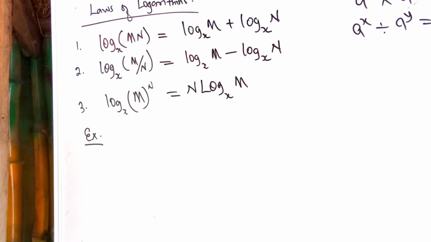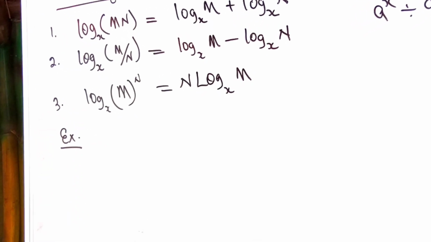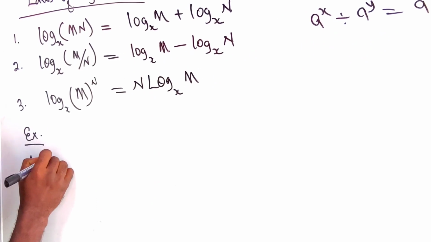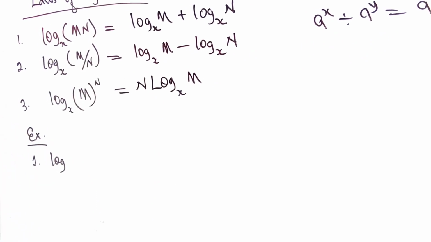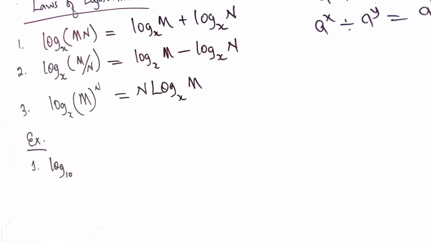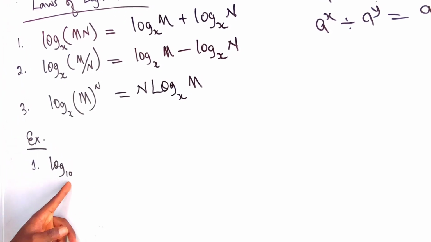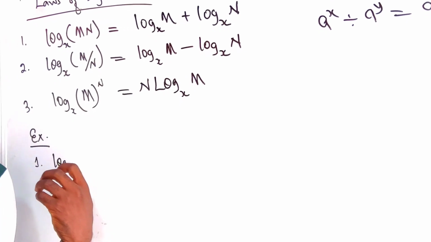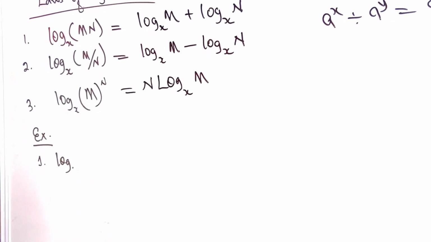So if you have log base 10, remember, I told you even if the base is not written, it's still the same thing as log base 10. So I can decide to write it like this or just leave it. But if it is any other base, you will be given it.